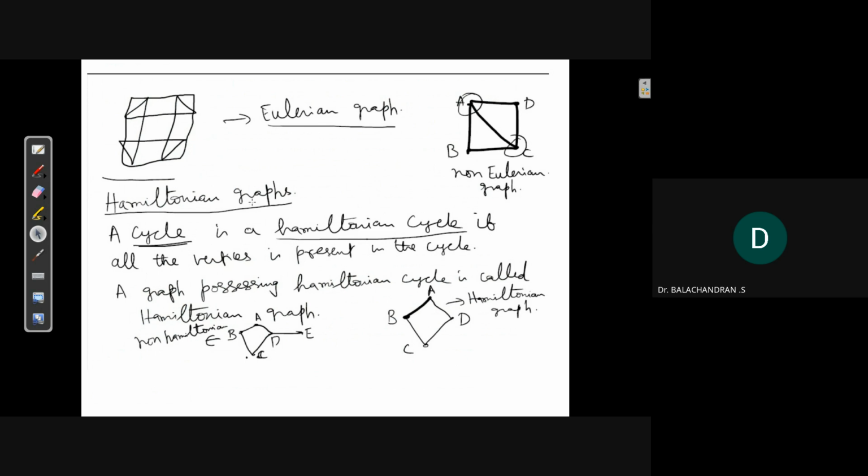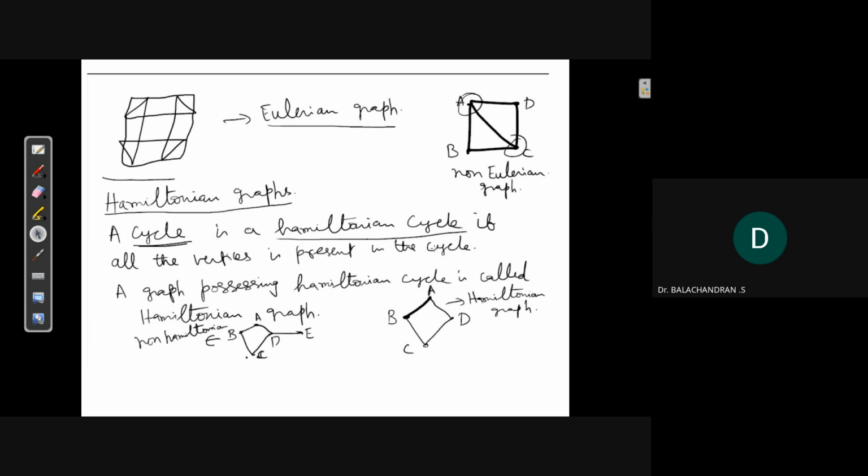So Hamiltonian graph is slightly different from Eulerian graph. A cycle is a Hamiltonian cycle if all the vertices are present in the cycle. That means all the vertices are present exactly once in the cycle.